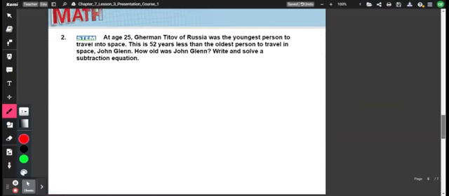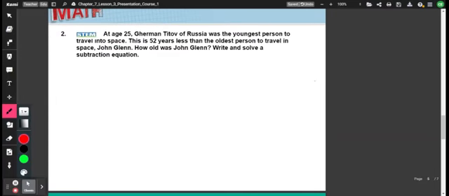Let's look at number 2. It says at age 25, the Russian cosmonaut was the youngest person to travel into space. This is 52 years less than the oldest person to travel in space, John Glenn. How old is John Glenn? I'm going to make John Glenn J. It says 52 years less than, so J minus 52 equals, and then we're going to put 25 on this side.